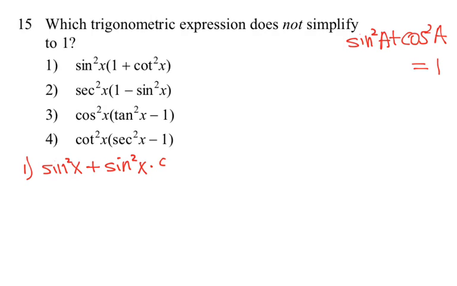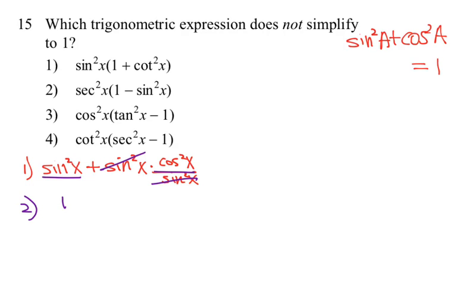But what is cotangent? That's the reciprocal of tangent. Since tangent was sine over cosine, cotangent would have been cosine over sine. So we will get cosine squared x over sine squared x. Then you can see that the sines cancel out. So then we have sine squared plus cosine squared, which is equal to 1, so which is fine.